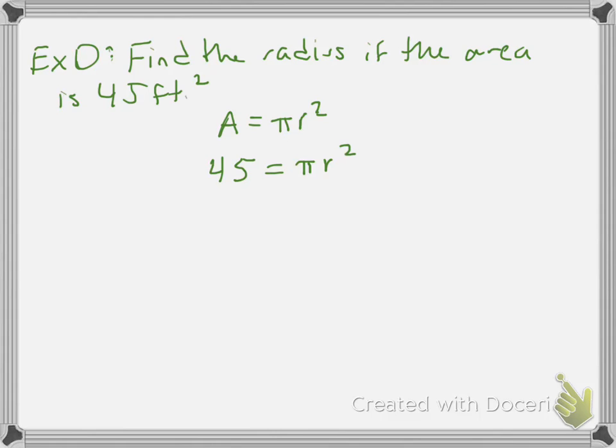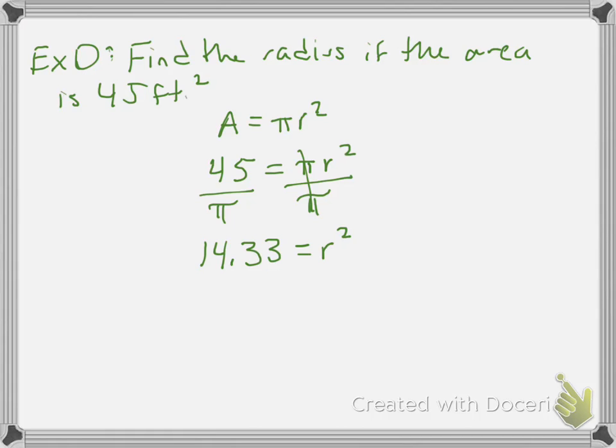I don't have any additions and subtractions, but I have some multiplication in there, so I need to undo that first. So I'm going to divide each side by pi. So that goes away, and I do 45 divided by pi, and that's going to give me approximately 14.33, and that equals r squared.